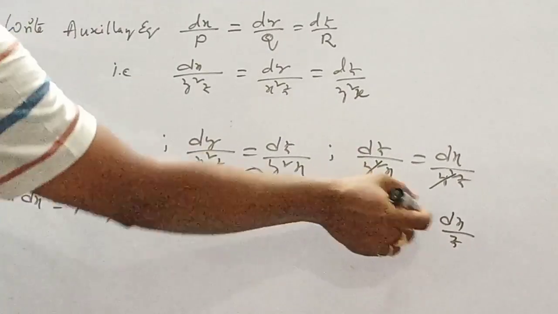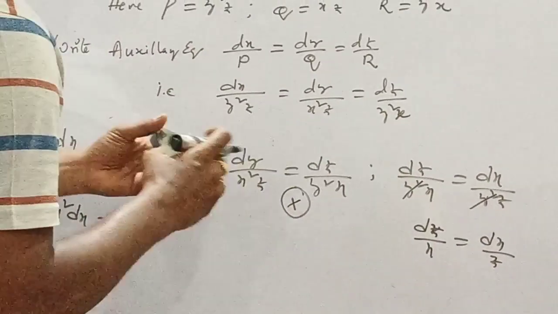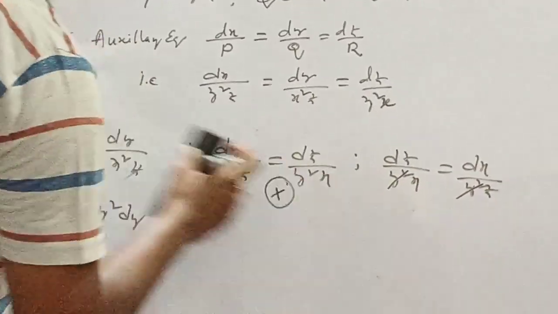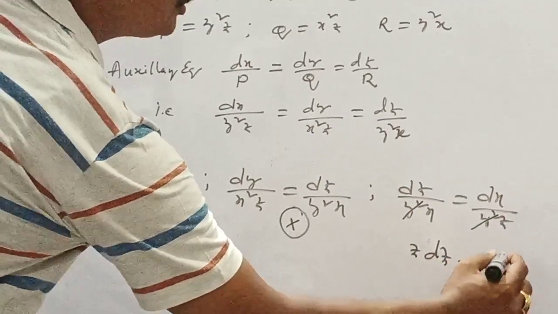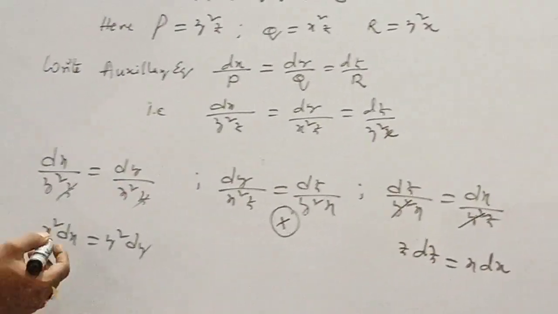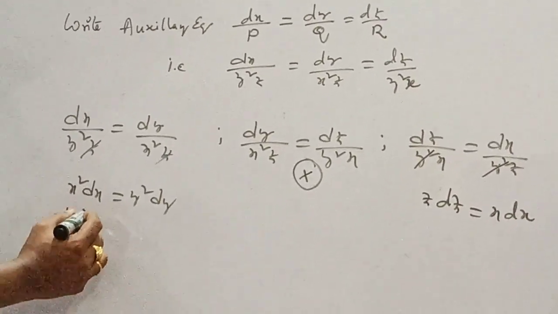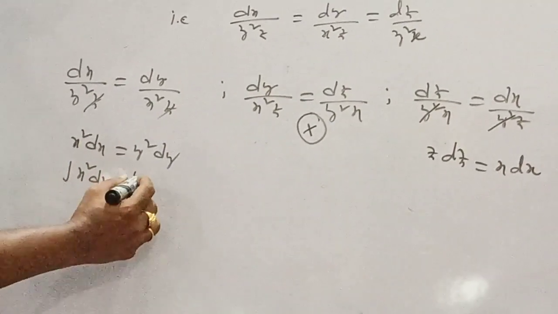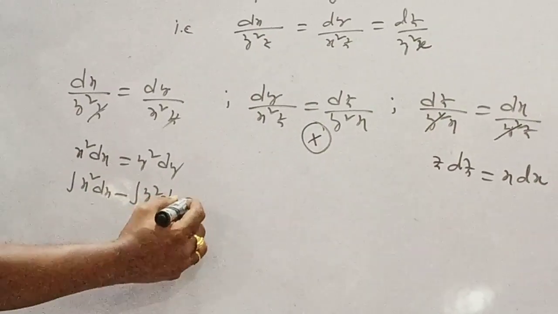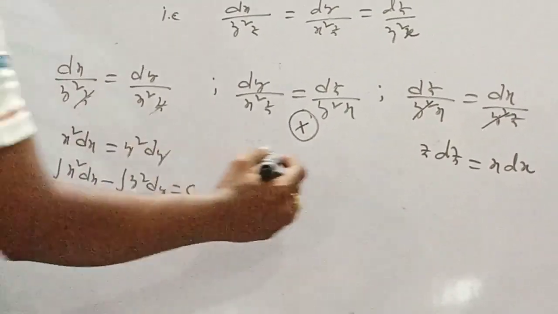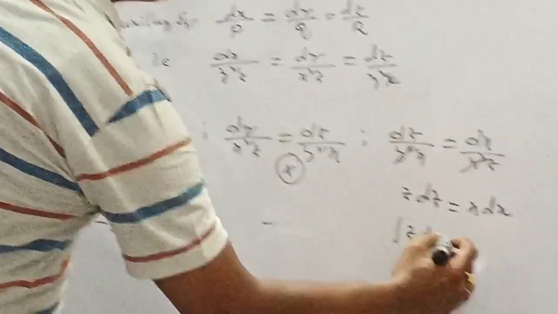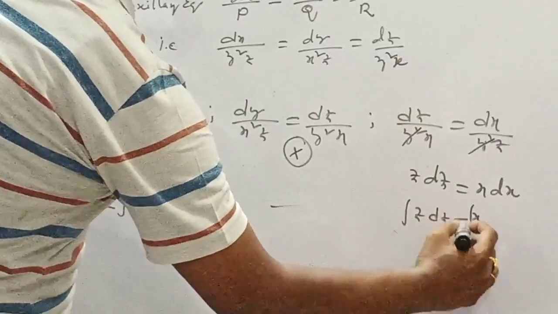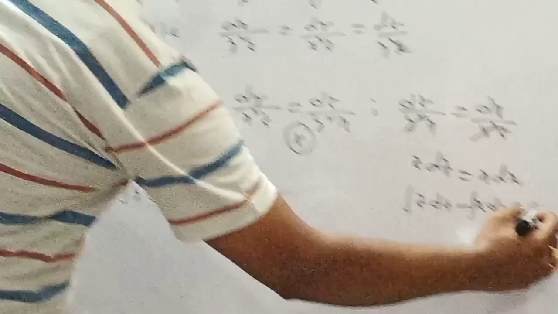Again using the variable separable method, rewrite z dz equal to x dx. Take integration on both sides. Integral x square dx minus integral y square dy equal to constant c1, and integral z dz minus integral x dx equal to constant c2.